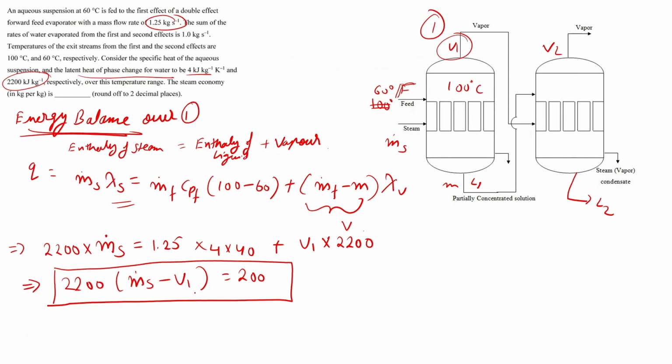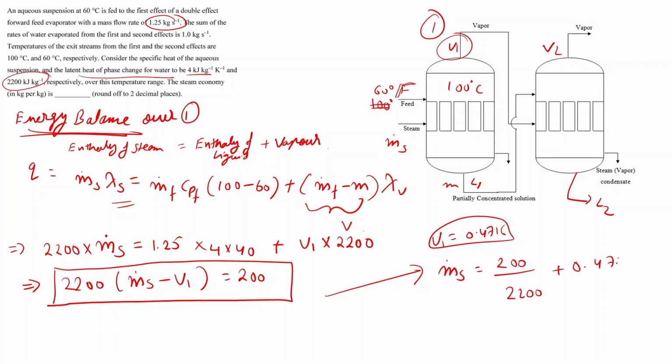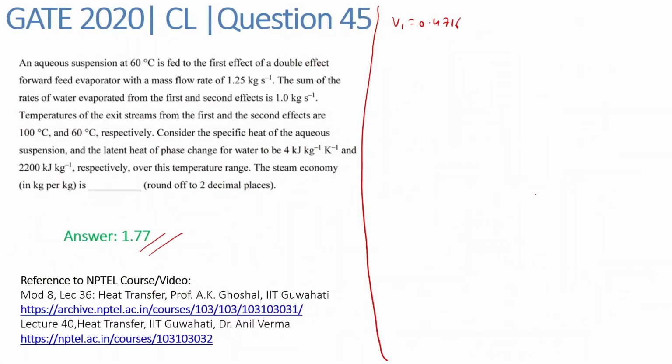Now we can put that value of V1 over here to find the value of m dot s. So m dot s will be 200 upon 2200 plus 0.4716. The mass flow rate of steam will come somewhere around 0.5625. Now we have this value of m dot s, and we also have V1 plus V2 equal to 1, and then we can find the steam economy.